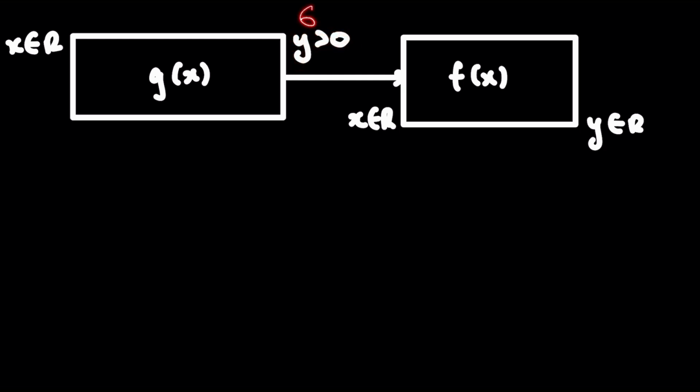If 6 was to leave the first function, i.e. 6 was an output of g of x, can 6 enter the second function f of x? Well, yes, any number can enter f of x if it's a real number. And we don't even need to check for another number. We know that any number where y is more than 0 is allowed to enter the second machine.